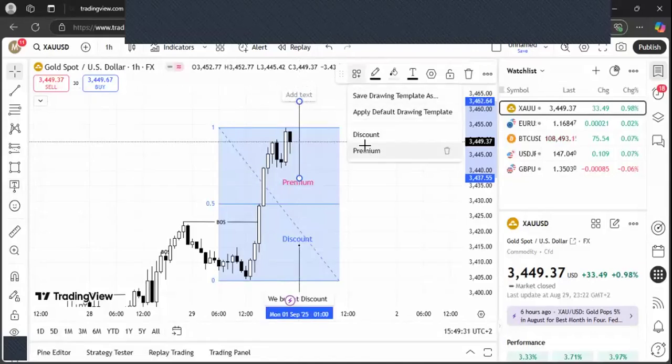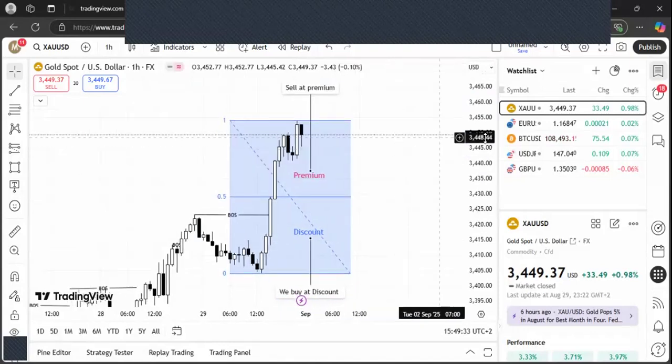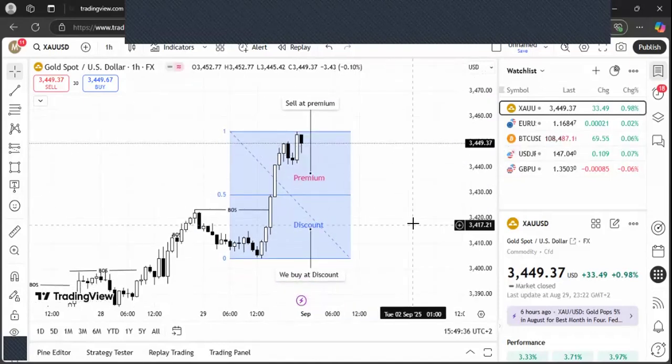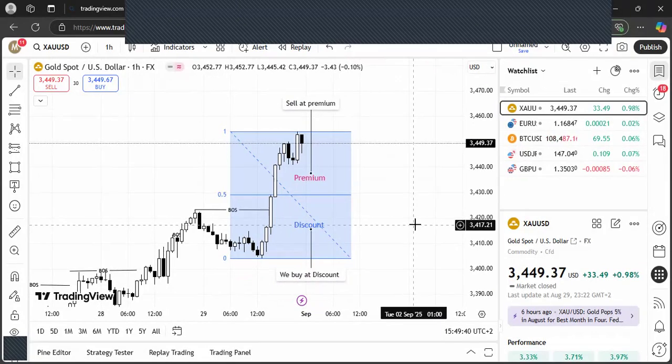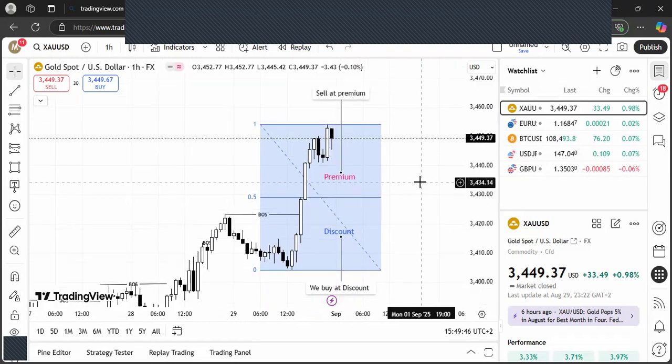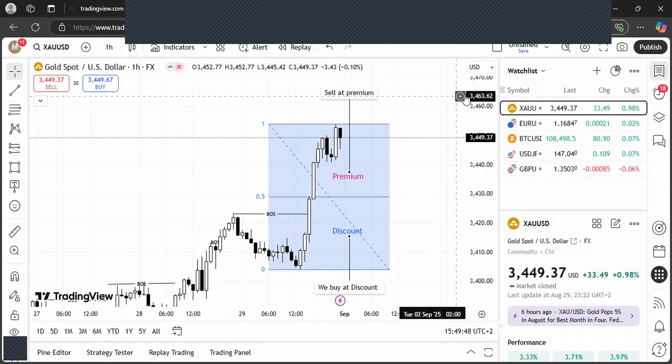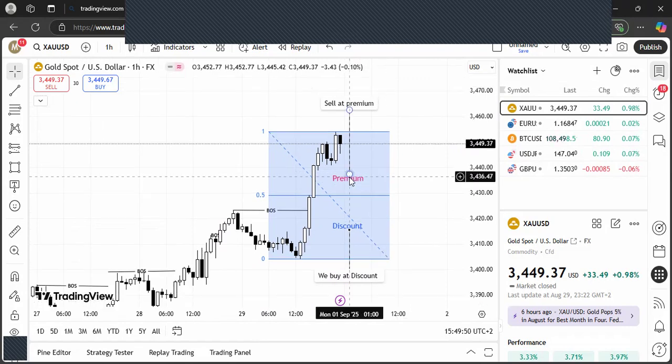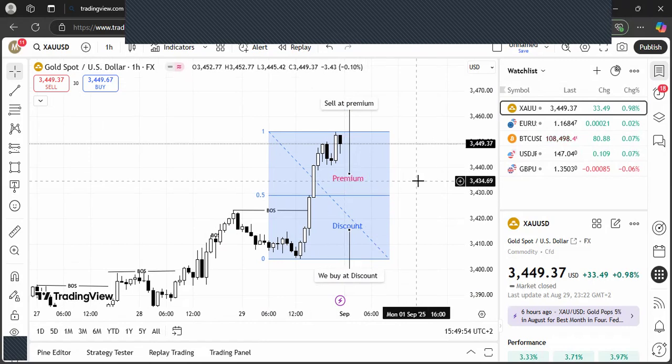We always sell at premium. So this is pretty much everything you need to know about the concept of discount and premium, and this is how you can use your Fibonacci retracement level tool.